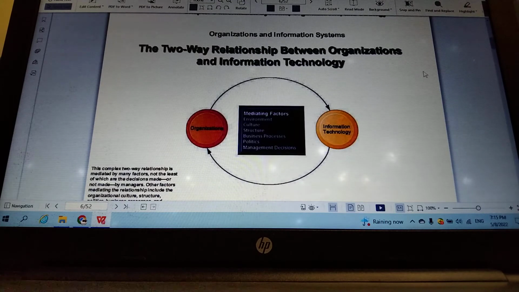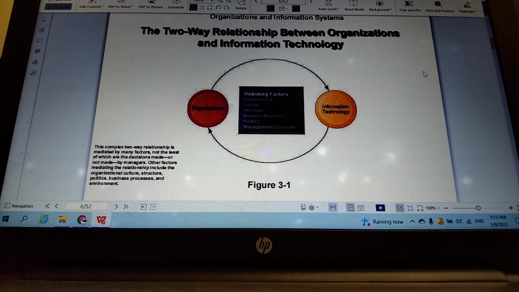Promotion, campaign, location of the company. So all those factors are very important and have a very close relationship with the MIS system. That is what the slide is sharing, the relationship between the organization and the MIS system.